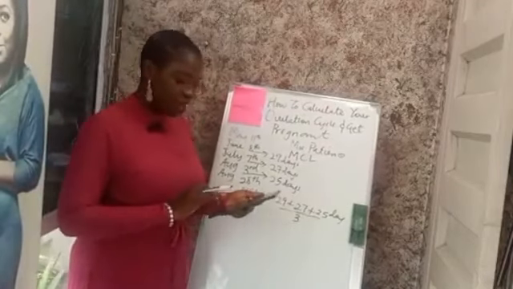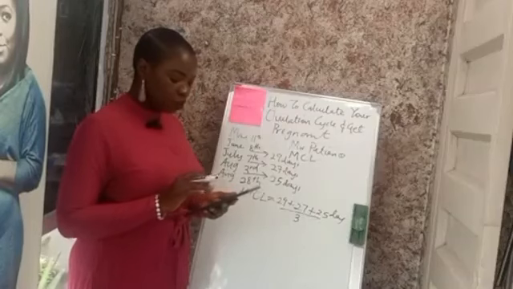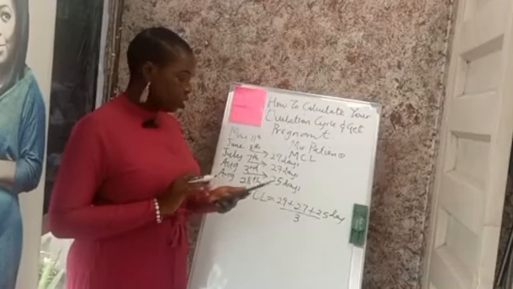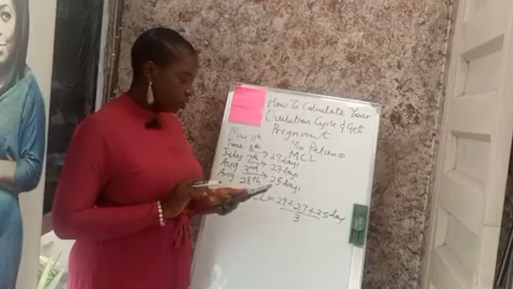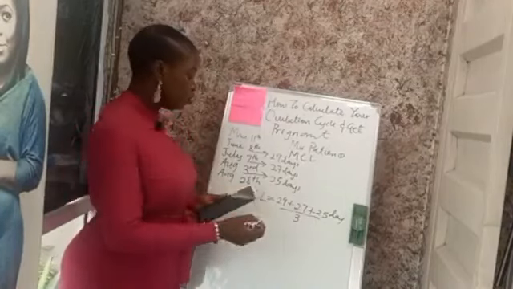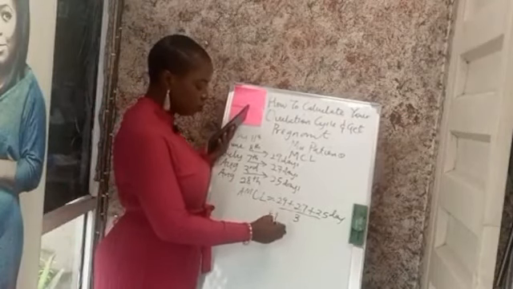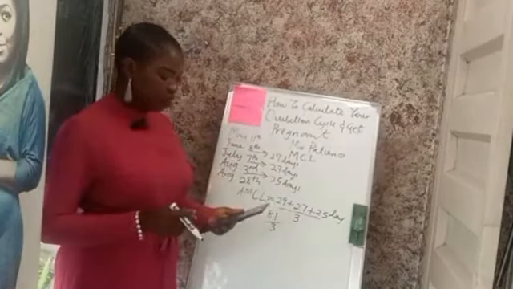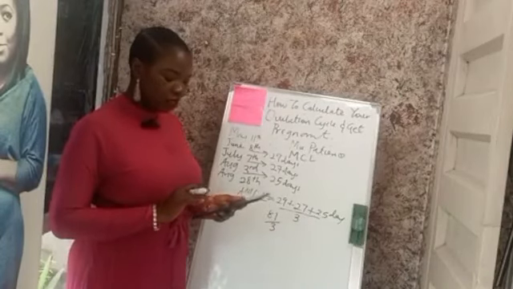So let's go to our calculator. Let's see what this will give us. 29 plus 27 plus 25, so we have 81 over 3. We are dividing by 3. So let's see what this will give us. Divide by 3.